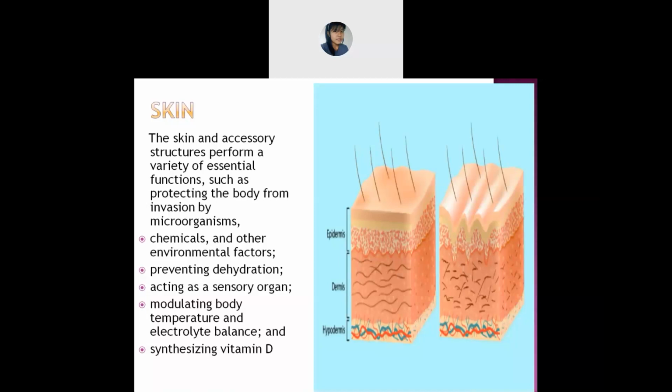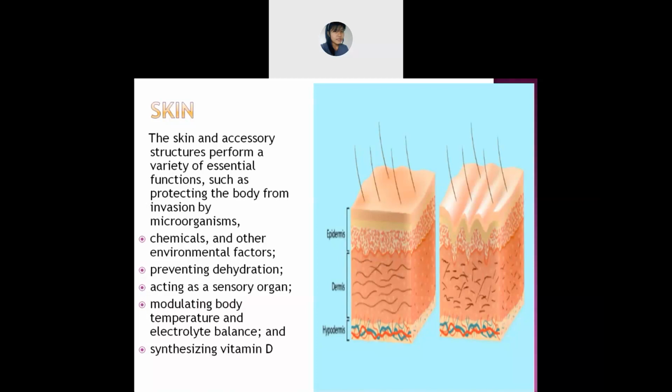Next is preventing dehydration. The skin helps us in not getting dehydrated, like losing fluids and electrolytes from your body. The skin helps in regulating that. Next is acting as a sensory organ. The skin helps us in sensing the things around you. Next is modulating body temperature.